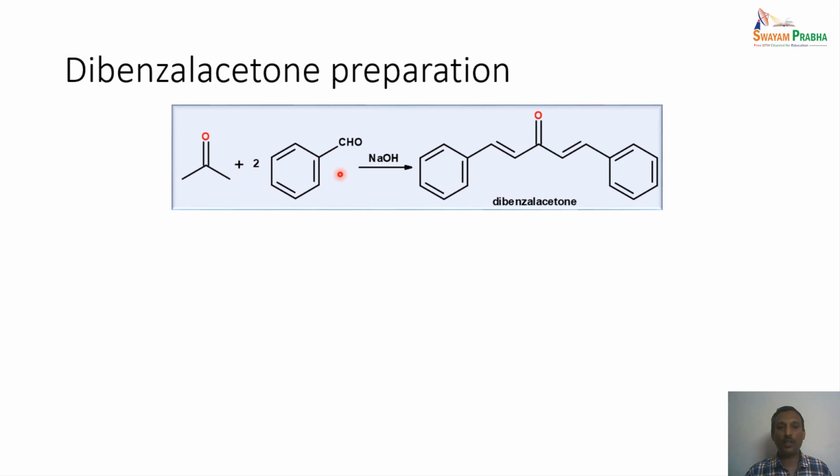In this particular case, 2 molecules of benzaldehyde react with acetone. This is the central acetone unit, with one side and the other side. Both sides have an alpha hydrogen, so the Claisen Schmidt condensation takes place on both sides to give the dibenzyl acetone as shown here.